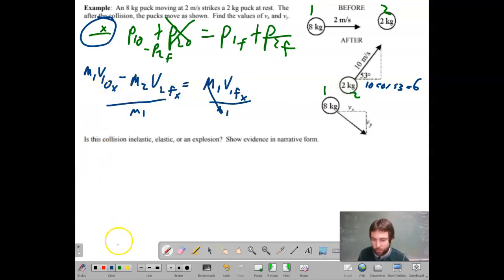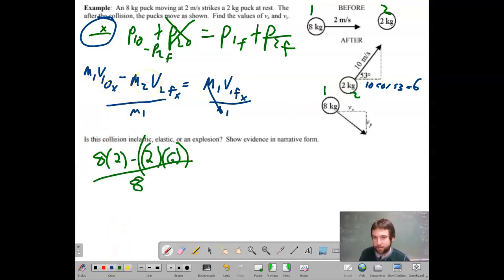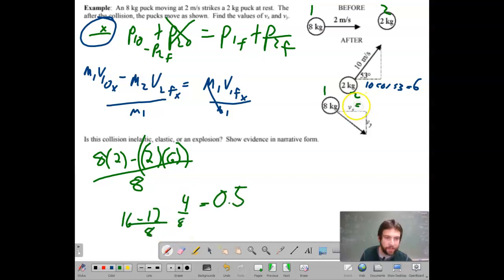Okay, there it is in number form. All I did was just plug in all of that stuff. And when we do all of that, we get 0.5. So my velocity in the x is 0.5 meters per second. What about in the y direction?